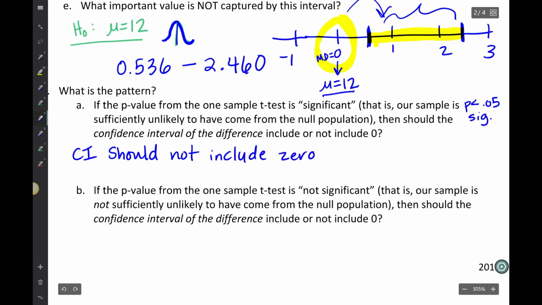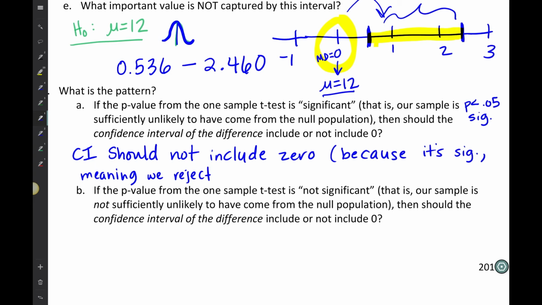The reason for this is because it's significant, meaning we reject the null.